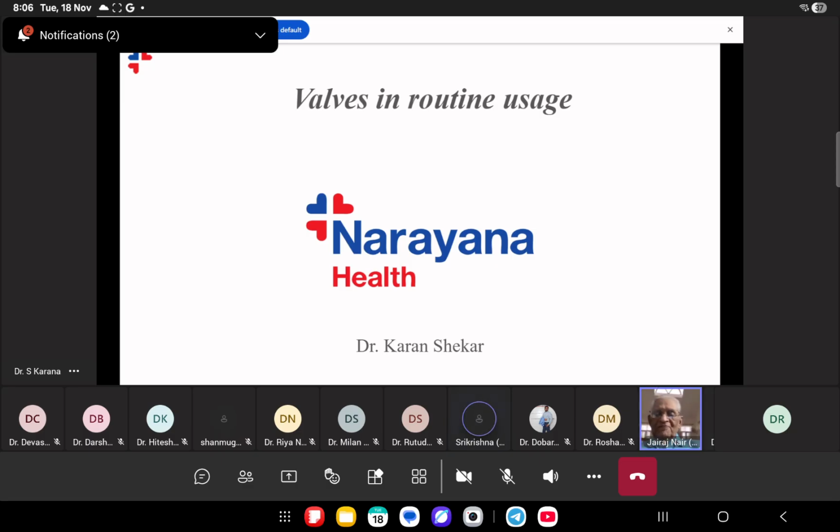It is called horizontal mattress. Continuous horizontal mattress, and you have to take care of the corners of the incision. Most important in any incision, whether it is in the skin, LA, aorta, bronchus, anywhere, the corners should be taken care of properly.